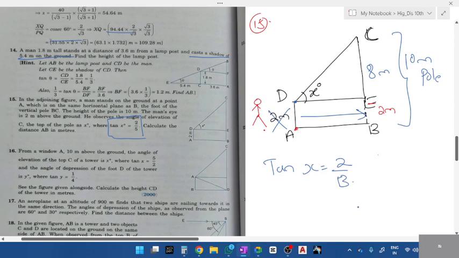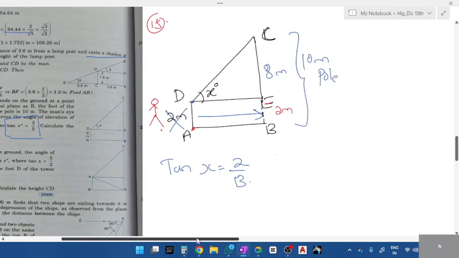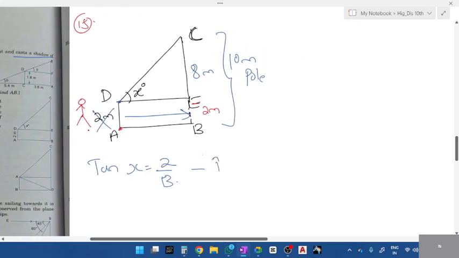If tan x is given, which two sides do we have to consider in triangle DCE? This is the first equation. In triangle DCE, tan x is equal to 8 divided by what?